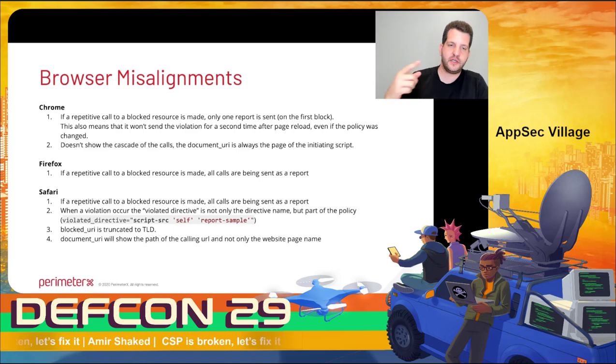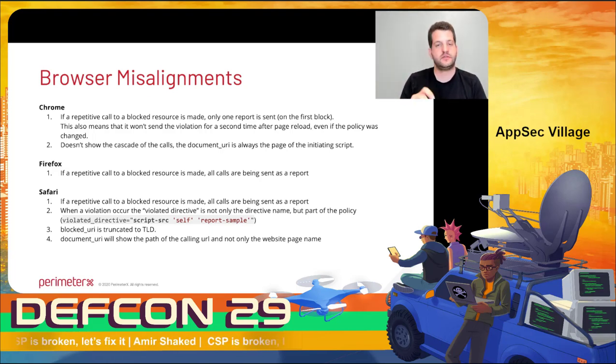On Firefox, for example, you will get the report every time the resource is trying to be called. So that's one big difference on its own. And then Safari, at least in the version that we analyzed at the time, would only report the block URI, for example, and it would truncate that to the top level domain. It won't give you the full URI. So these kinds of misalignments create a lot of noise, but also create some guidelines or tricks that you can use to get better value out of the reports that you're getting.